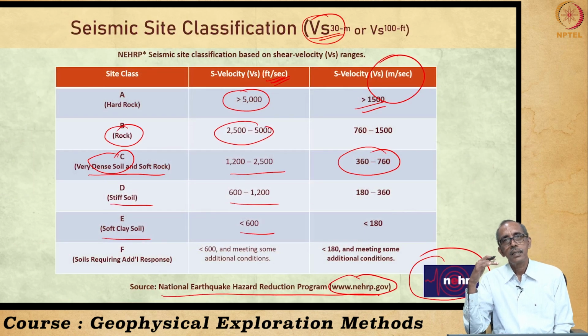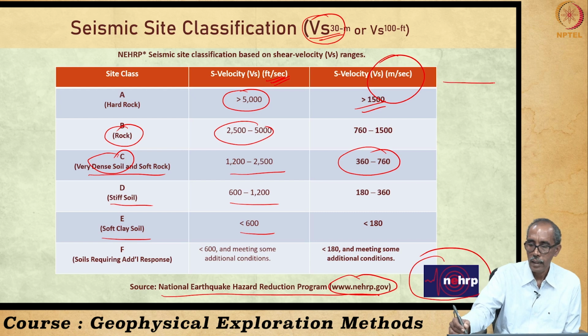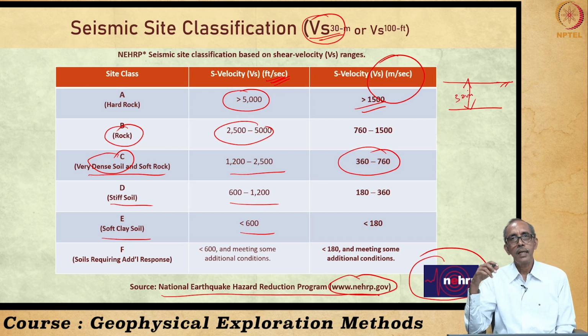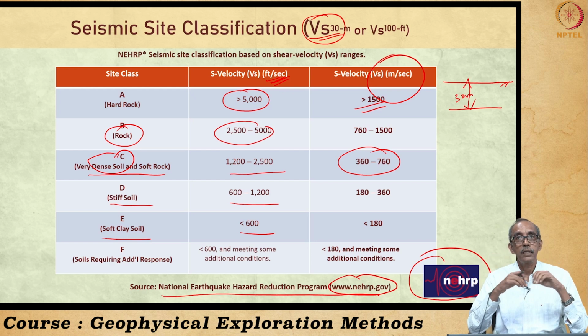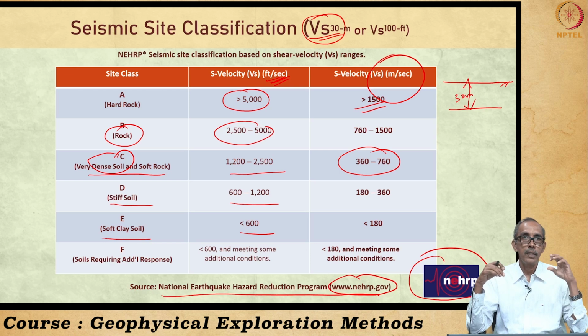Generally, understanding the characteristics of the material present until 30 meters from the ground surface is very crucial, because that is the zone where, in the event of any major earthquake, the seismic energy will be dissipated, and the ground vibration is going to be amplified based on the nature of the rocks present in the top 30 meters.